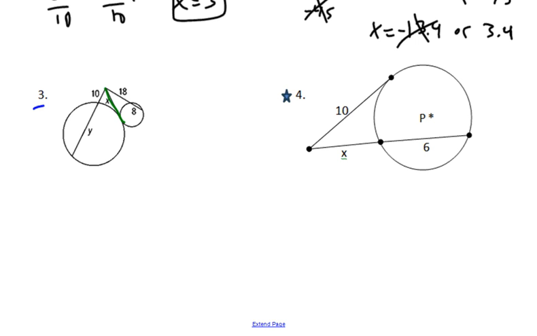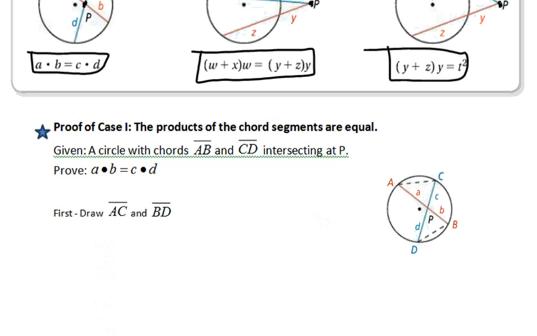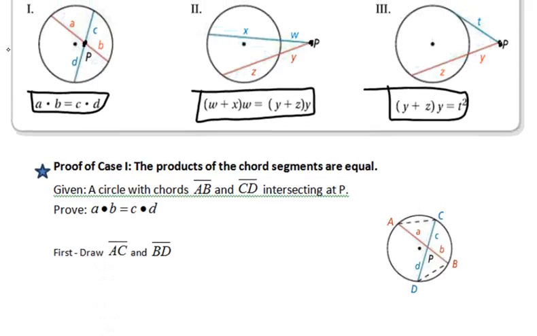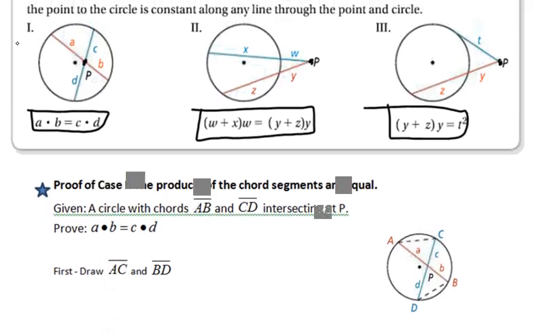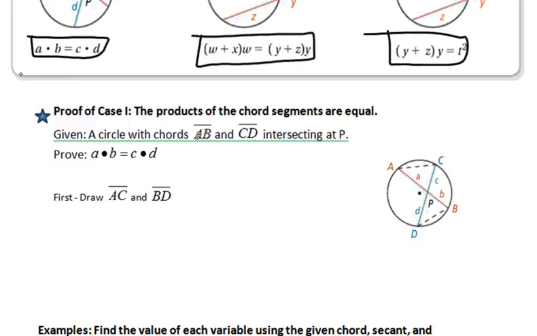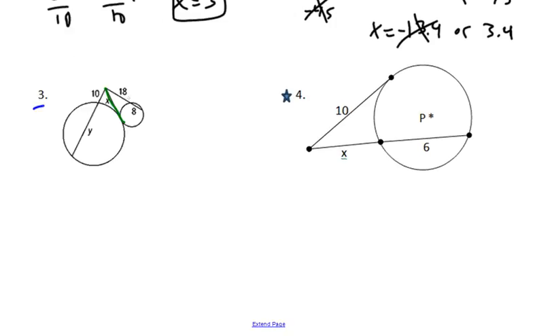If we look at that third case, it's the two parts of the secant line added up, multiplied by the outside part, and it'll be equal to the x squared in this case.